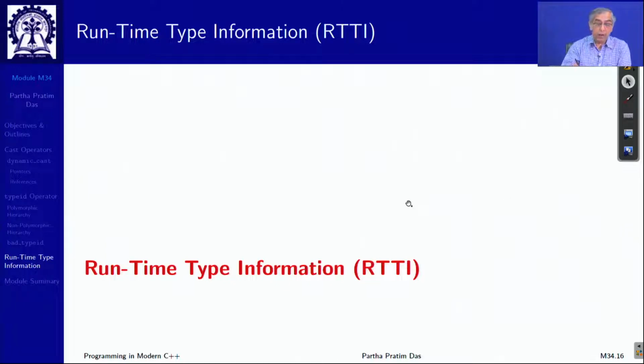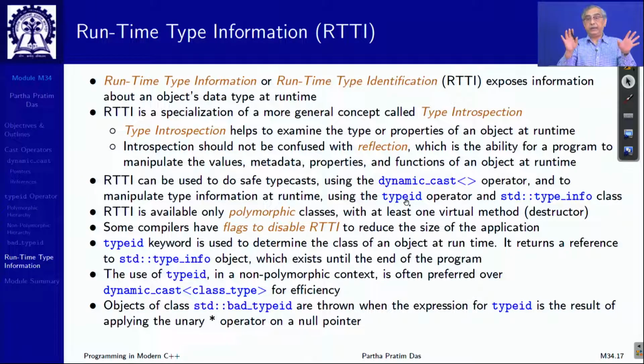Now, I will not go into the depth of RTTI, it is a very deep subject, but I just want to tell you that all this is possible because a runtime system is helping your program to find this. In a non-polymorphic hierarchy, we have seen that it has hardly any value.